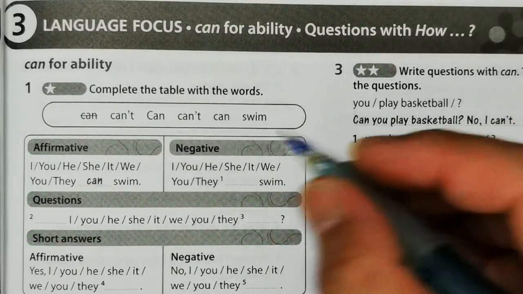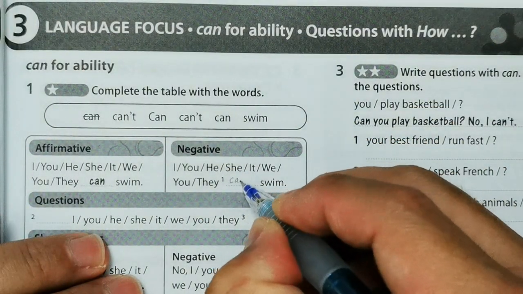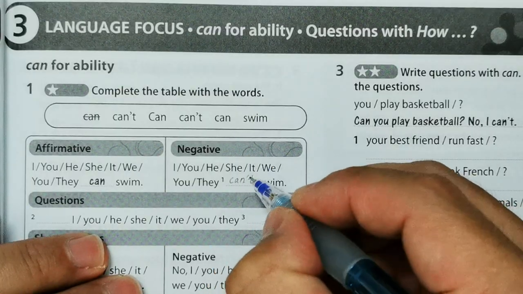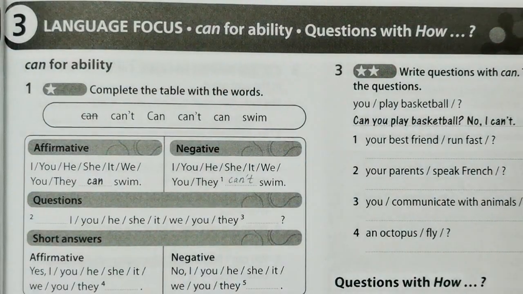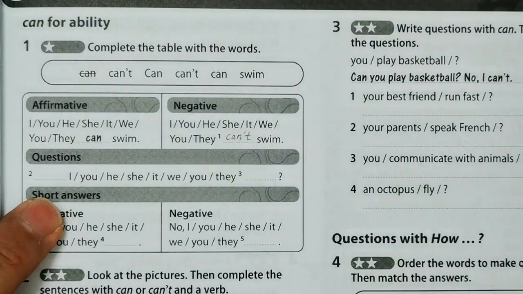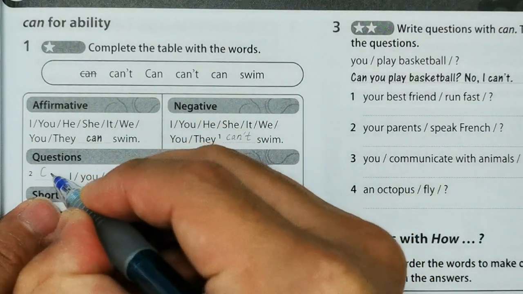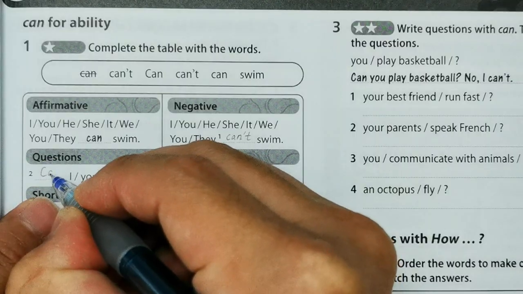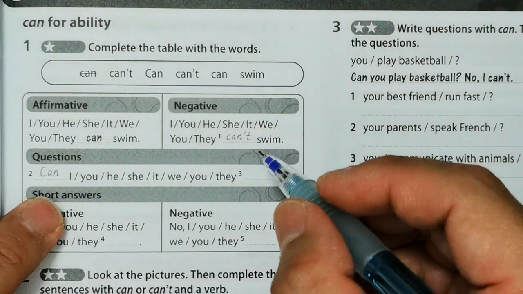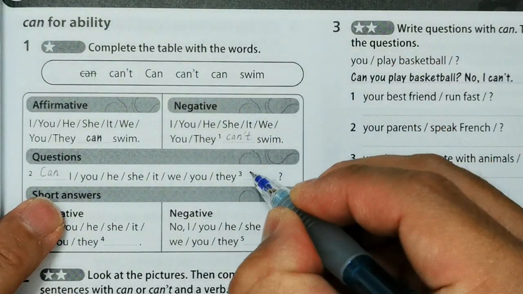So negative: I can't or cannot. So can't, C-A-N apostrophe T. And then we have these questions. We use title case here, so C is uppercase, while A and N are lowercase. So, Can I? We use the verb swim.